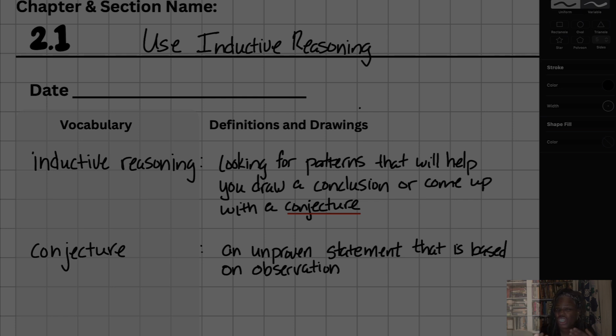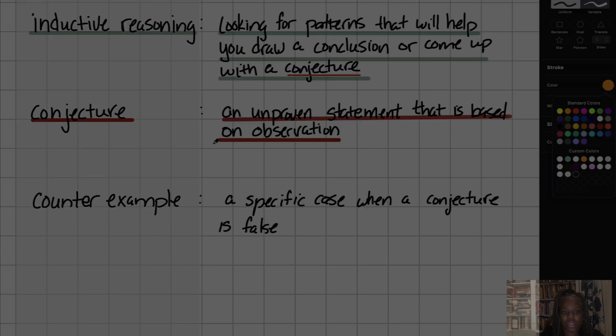Your conjecture could be wrong, but it also could be right. So it's unproven. A conjecture is unproven, but it is a statement that's based on observation and inductive reasoning. So our next word is counterexample, and a counterexample is a specific case when the conjecture is false.